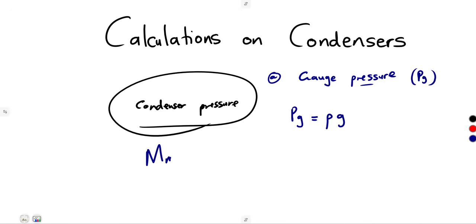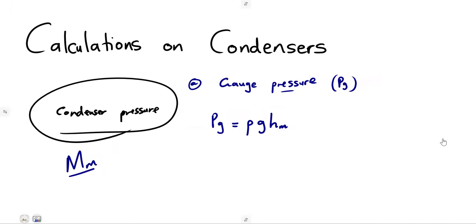This time we're going to use HM. So HM, wherever we see that, we just consider what we used in our old syllabus as the manometer reading. It is just one and the same thing. So there we are calculating the gauge pressure in pascals. It can be in kilopascals, or you can leave your answer in pascals as it is.